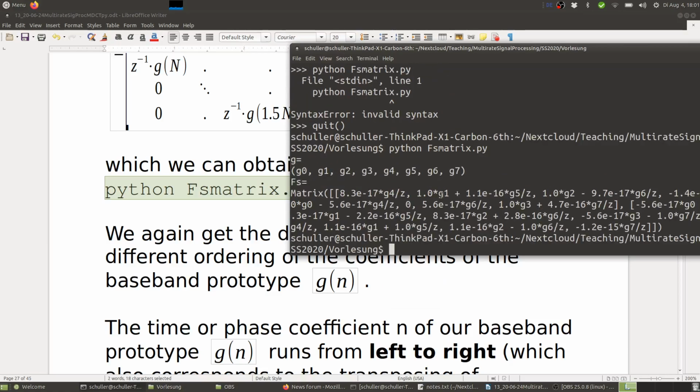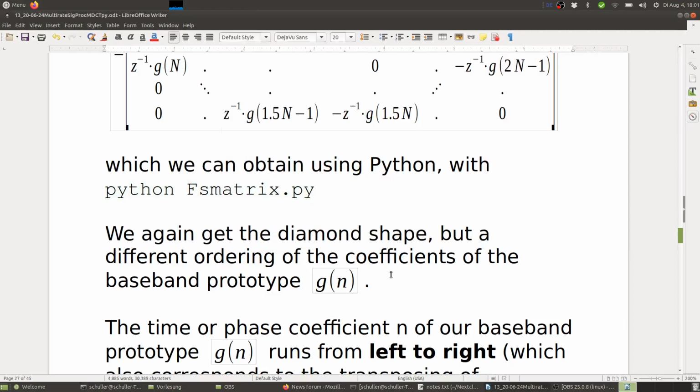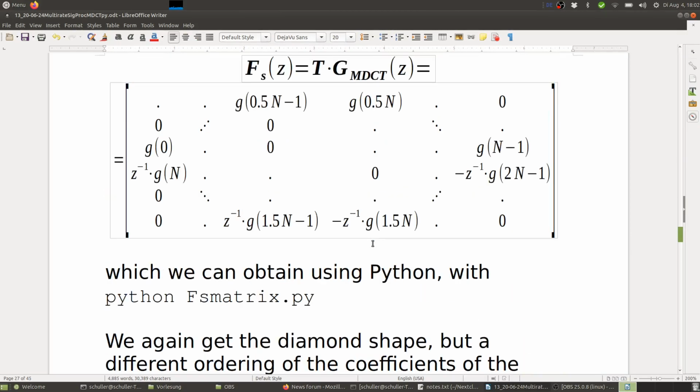Yeah, so here we can see the Fs, and of course it looks messy again because of all those tiny numbers which should be 0, right? But after careful inspection you should get this picture here.